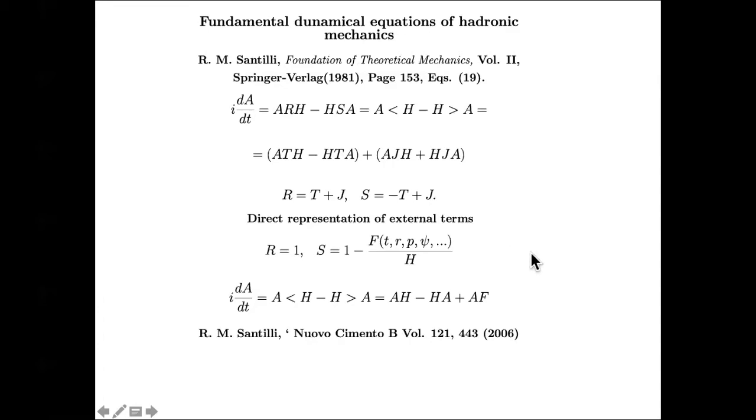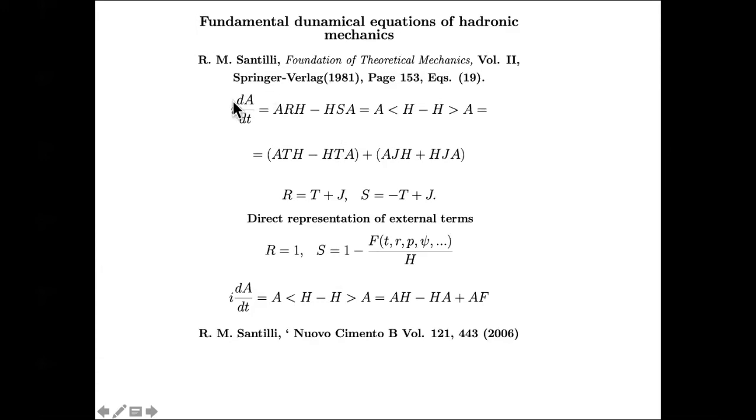In practical realization, we assume that the genotopic element to the left is number 1, and the genotopic element to the right is 1 minus this infinite family of external forces representing irreversibility divided by the Hamiltonian.